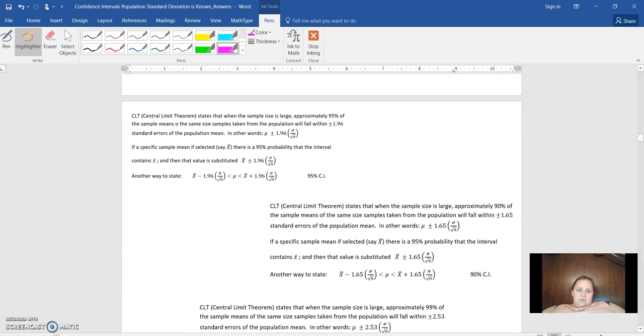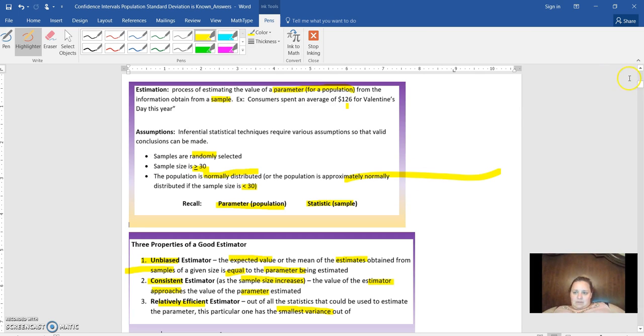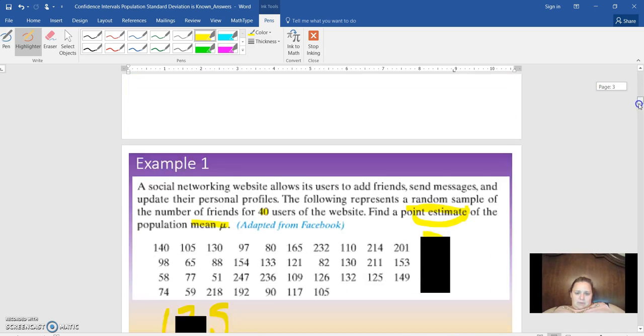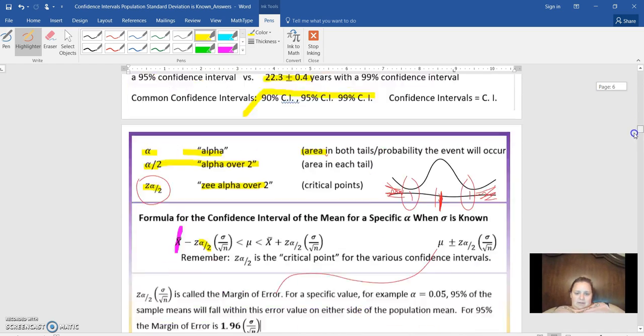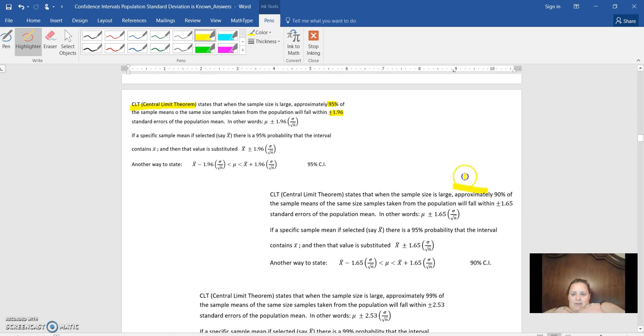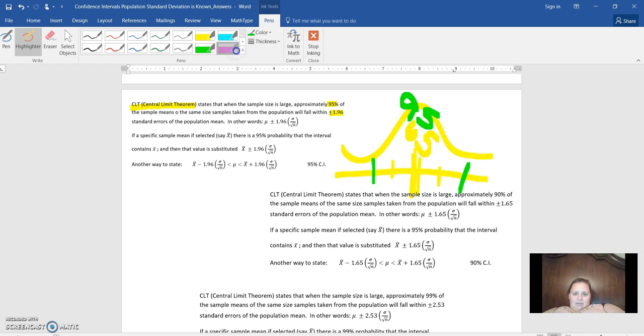The central limit theorem, which is what we talked about, says that when the sample size is large, 95% of it is within plus or minus 1.96. Remember we did this guy, the center, and then one standard deviation was 68, 2 standard deviations was 95, 3 standard deviations was 99.7.